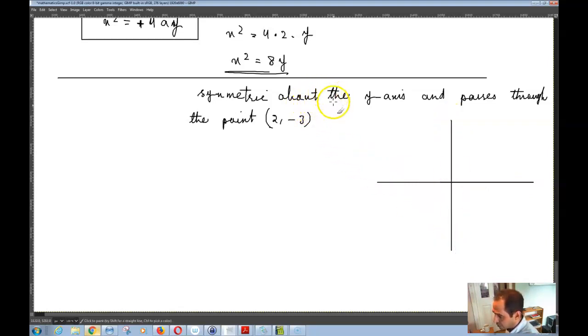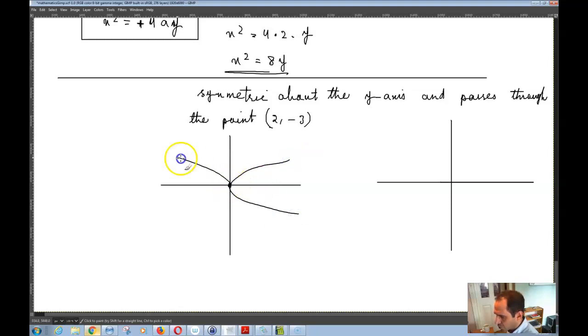since all that we have done is basically parabolas whose vertex is at the origin. The vertex of the parabola is at the origin, and it opens towards the right, or it opens towards the left, or it opens towards the top, or it opens towards the bottom.